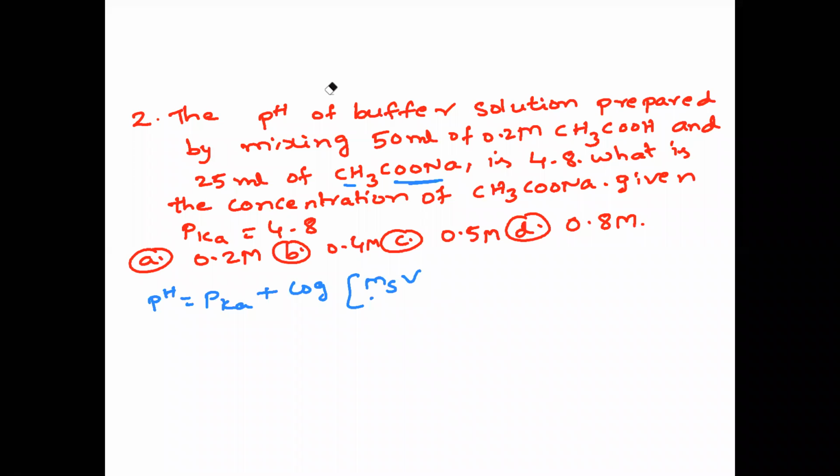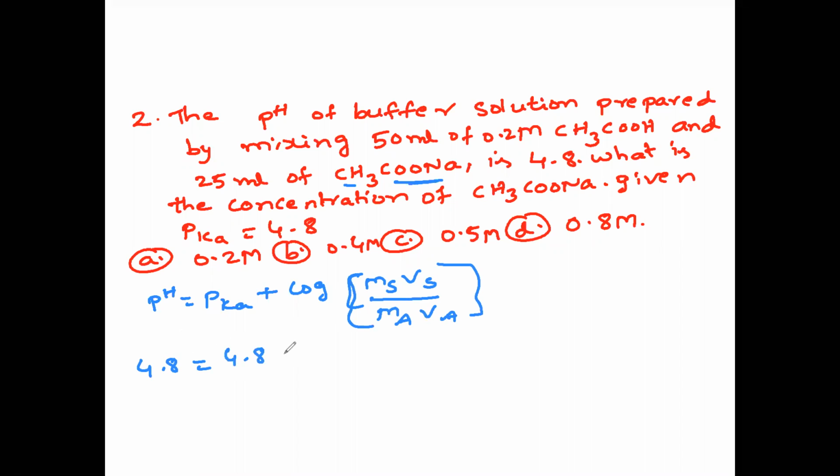If they have added volume, you have to consider volume also. The pH is given as 4.8 and the pKa value is also given as 4.8.